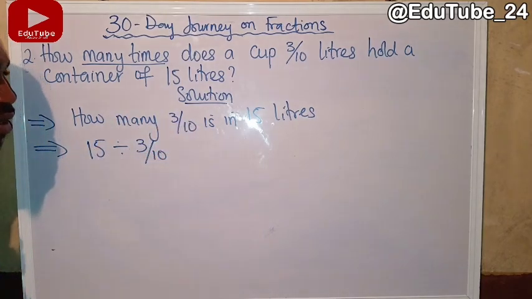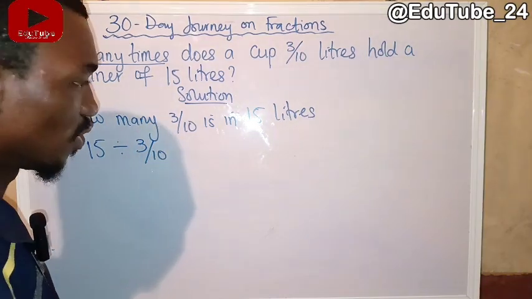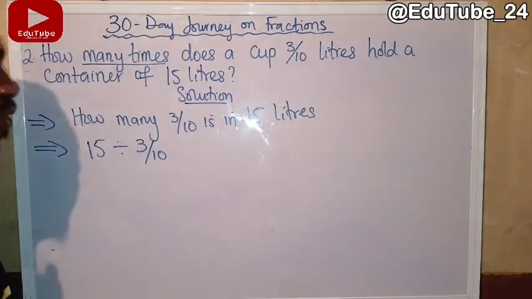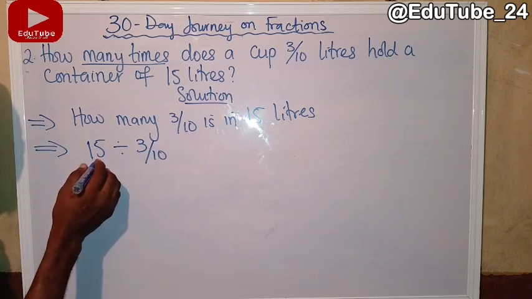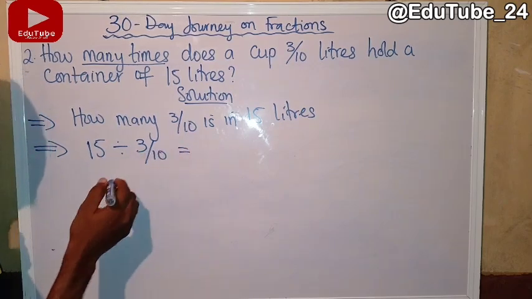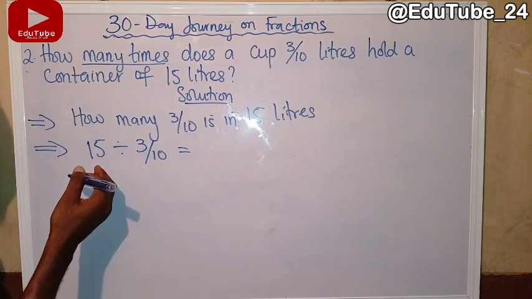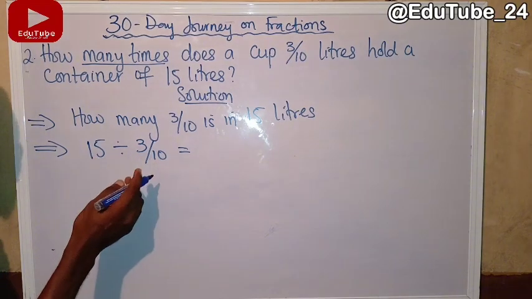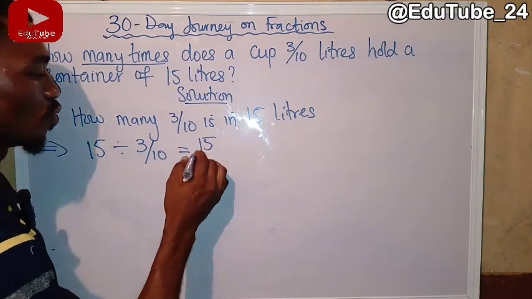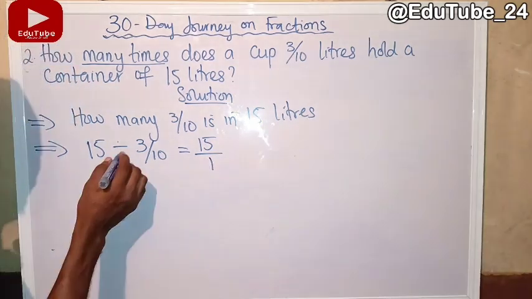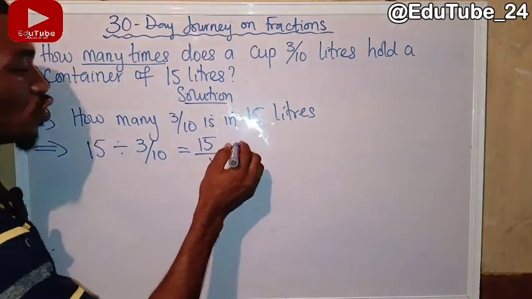It's just like saying how many 2 is in 6, how many 2 is in 5. So how many of this is in this? So that is 15 divided by 3/10. Now, like I did in the previous video, we first of all have to do some things here. We rationalize this 15 by turning it into a fraction, so it will become 15/1, and then this divide we change to times.